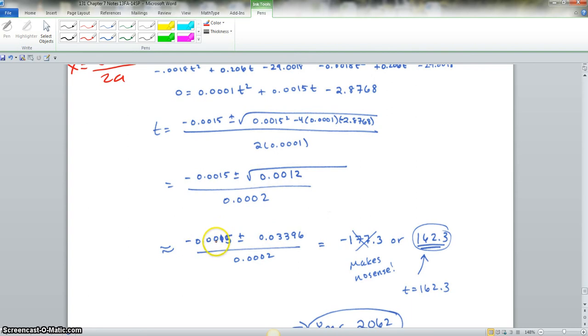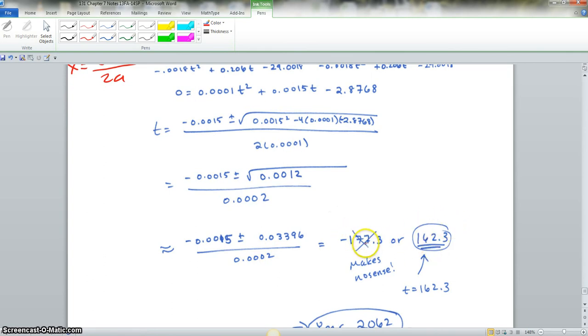And so we would take negative 0.0015 plus this value divided by 0.002, and then we would take negative 0.0015 minus 0.03396 all over 0.002. And that would give us a negative, and it also would give us a positive.